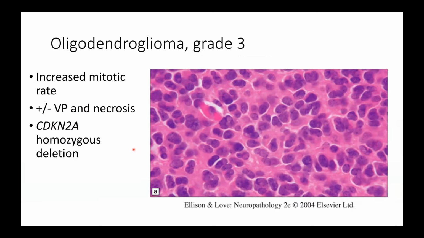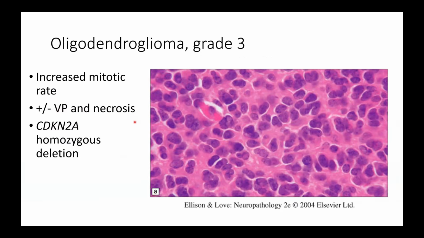To assign grade 3 to oligodendrogliomas, there aren't great hard and fast cutoffs from a histology perspective. Mitotic count cutoffs of greater than 6 per 10 high power fields have been offered. These tumors can also occasionally present with microvascular proliferation and necrosis, just as other high-grade gliomas might.